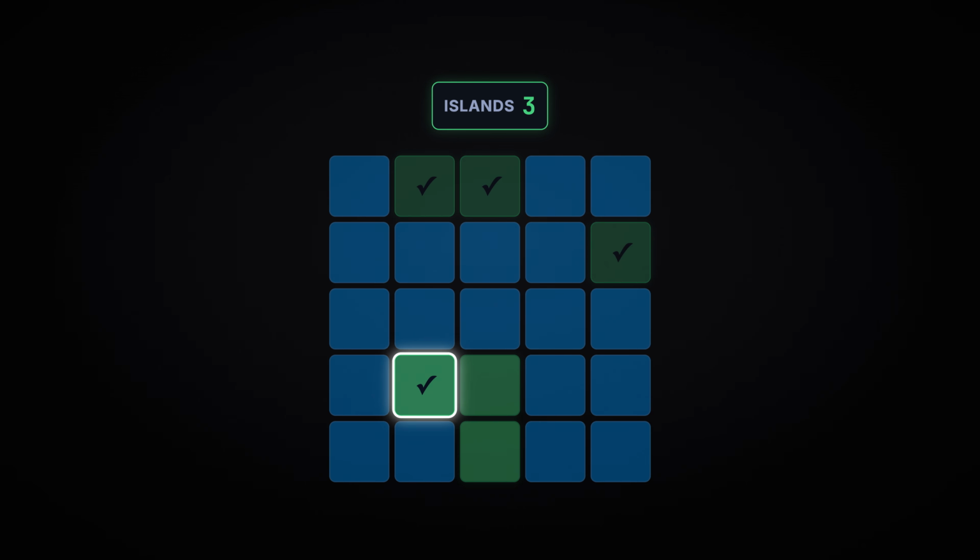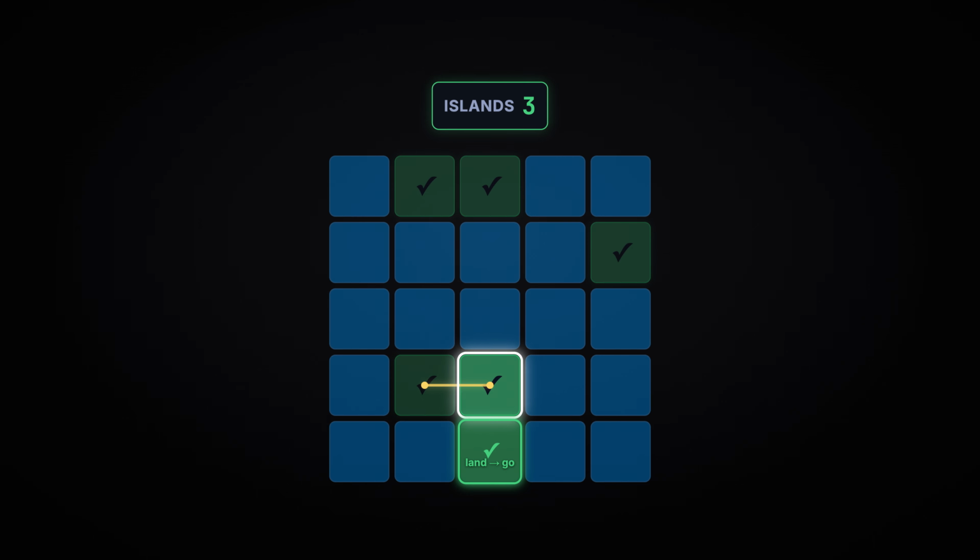Let us follow this last traversal step by step. We check this cell's neighbors. Down, water. Up, water. Left, water. Right, land, go there. On this cell, we check again. Down, land, unvisited, go deeper.